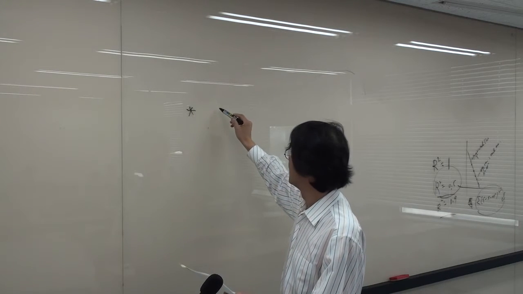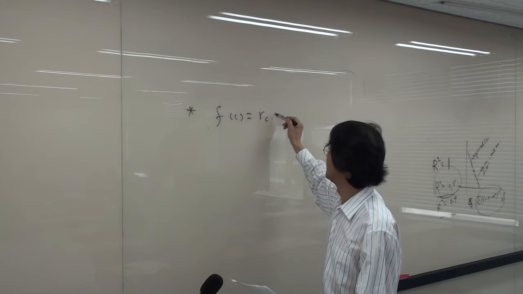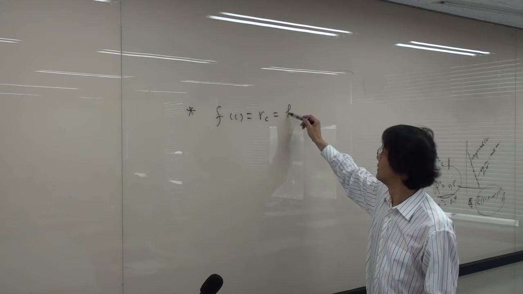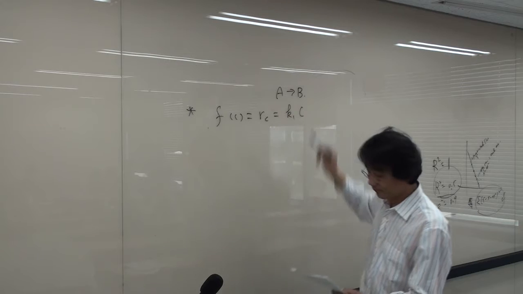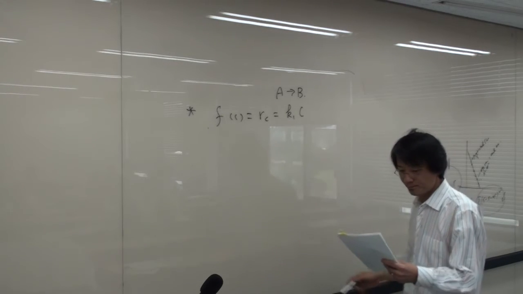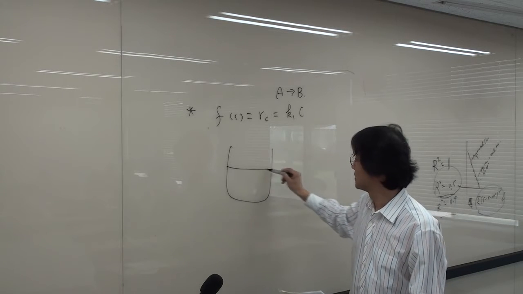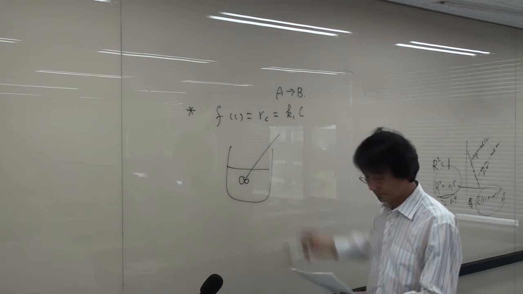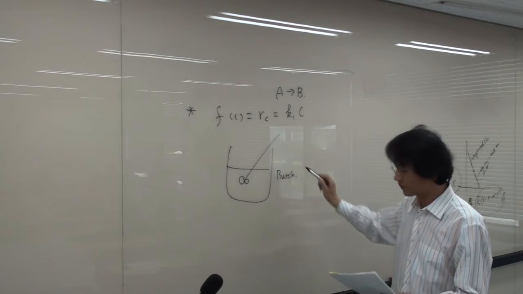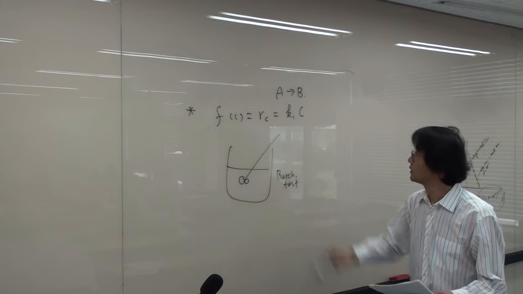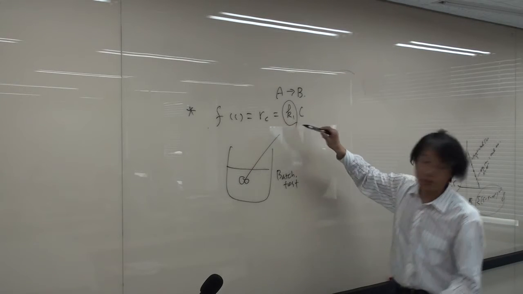Think about the batch reactor. So from here, how can you get the k1 value here?